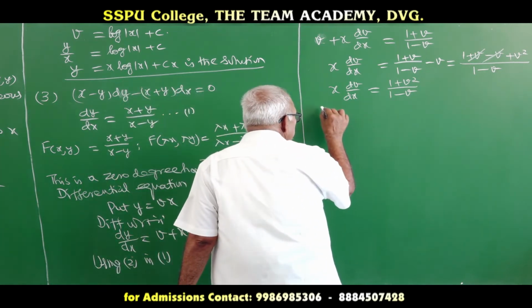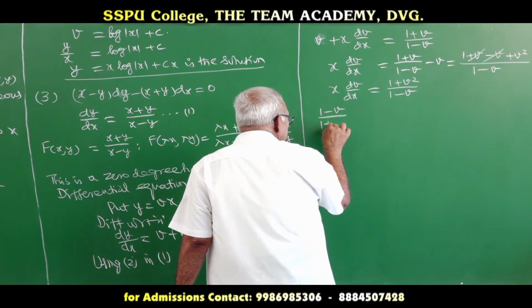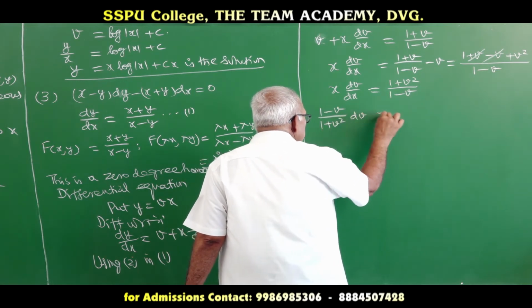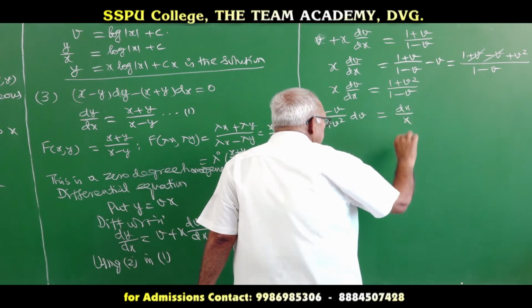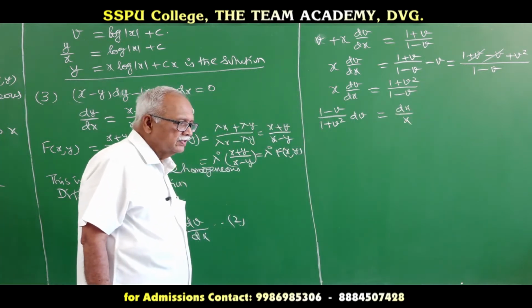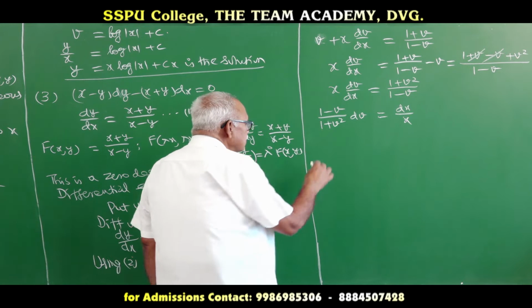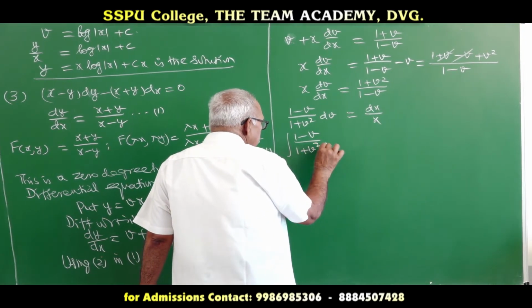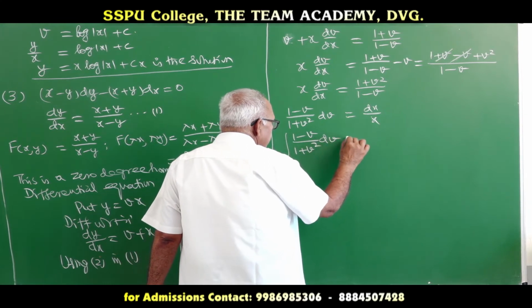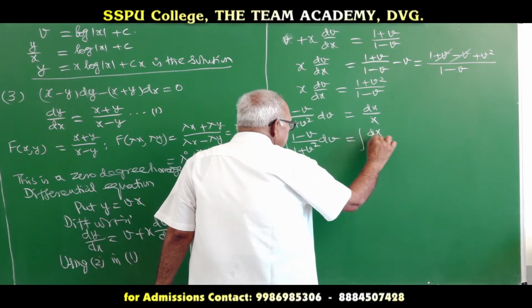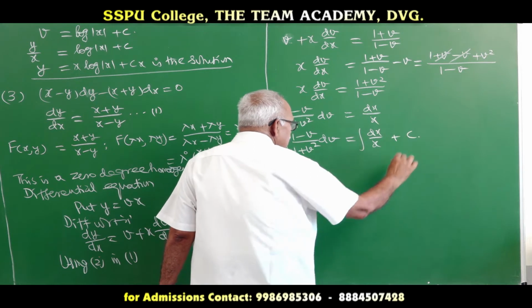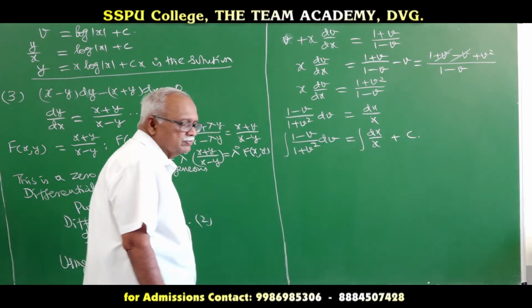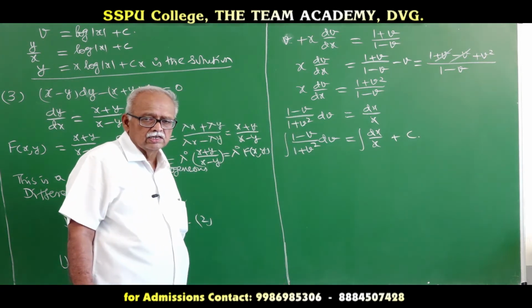Now, separate the variables: 1 minus v by 1 plus v square dv is equal to dx by x. Now from this, integration is the next step. Integral of 1 minus v by 1 plus v square dv is equal to integral dx by x plus an integration constant c.